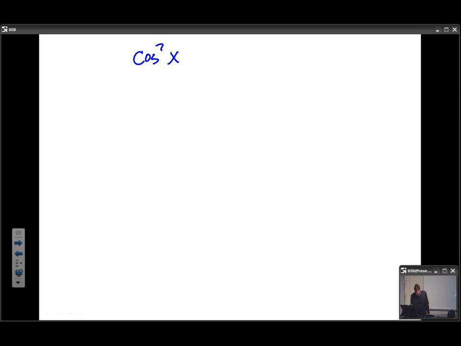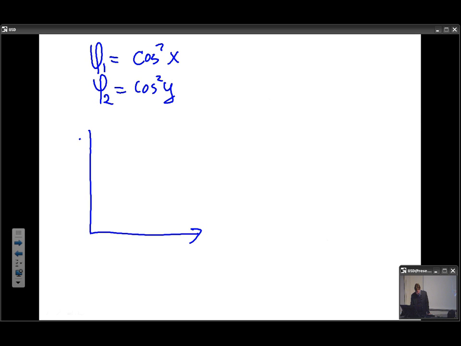So if you have two functions, and each of them, let's say that they will be the same, sine squared y. Then we build a product of those.